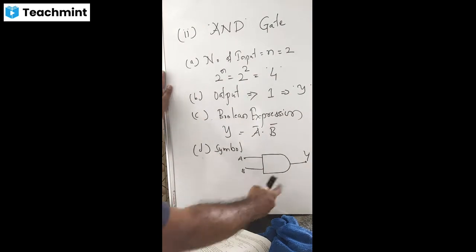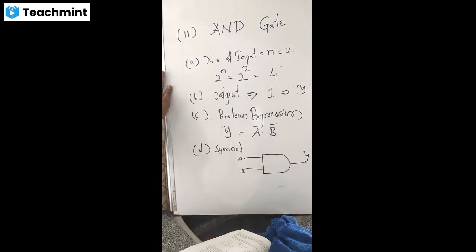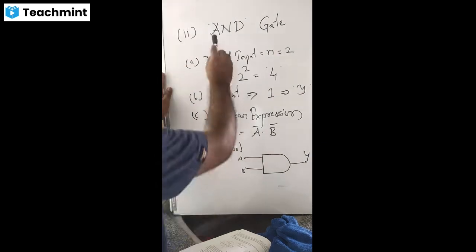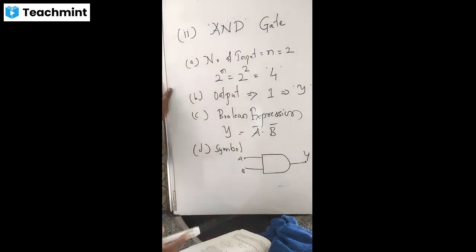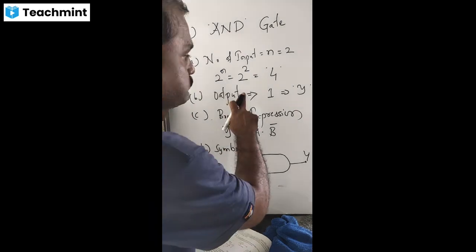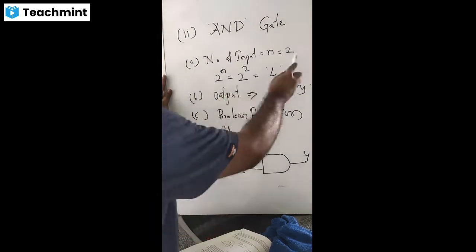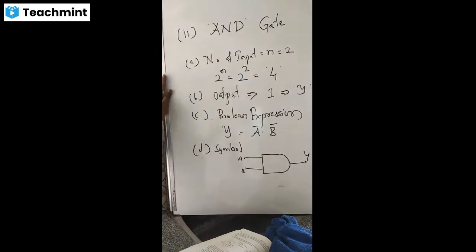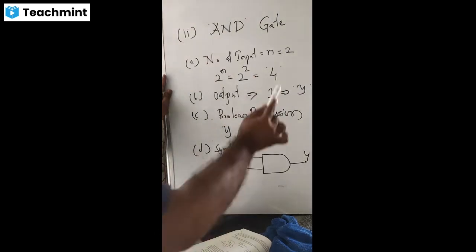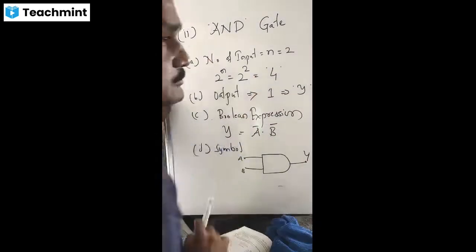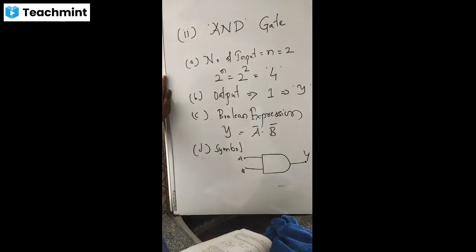And here you are going to have one output. Since the symbol and the name AND means here both inputs should be represented. Both means whatever input you give, the combined effect of both inputs should come out.